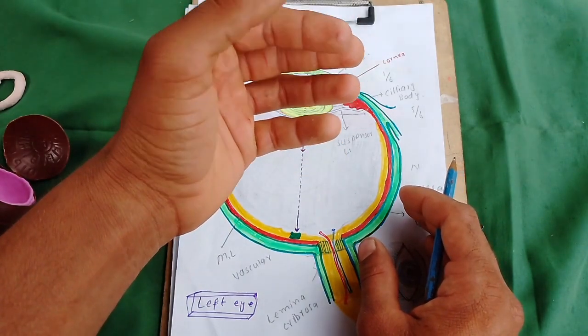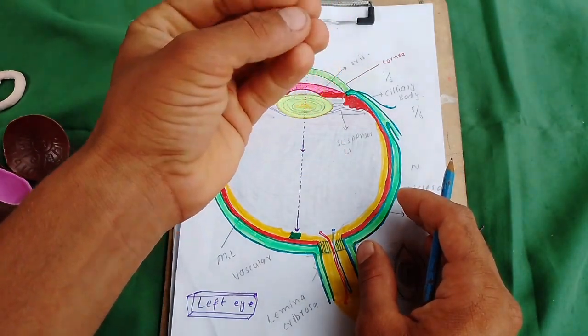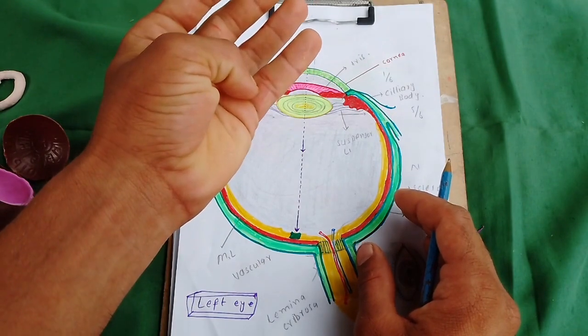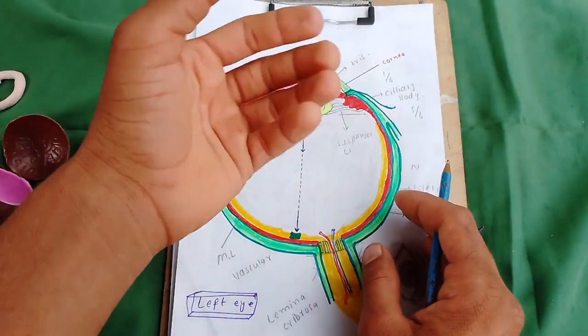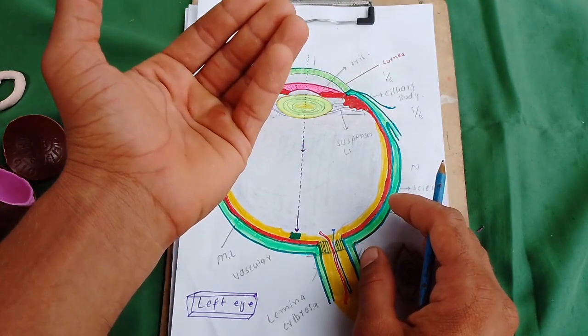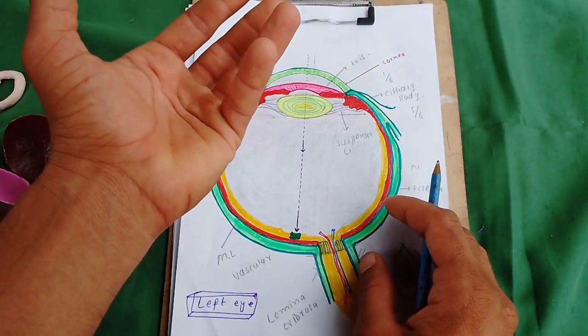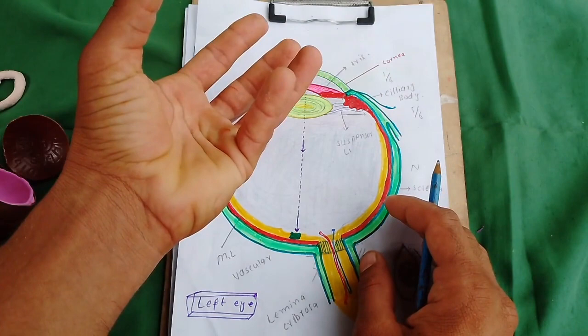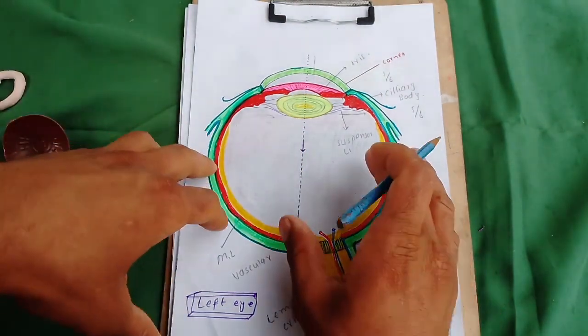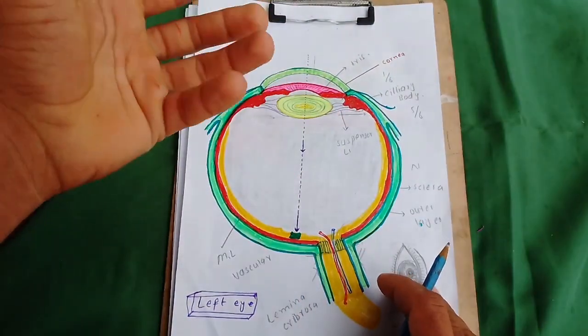I will take a very detailed class next Sunday on phototransduction: what is rhodopsin, what is iodopsin, the biochemistry of rhodopsin, and the mechanism of vision. But here I only discuss a little bit of anatomy.